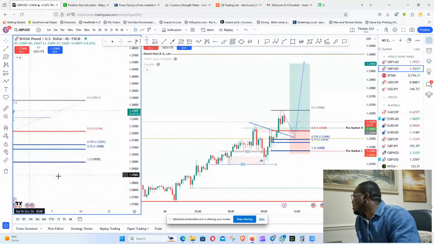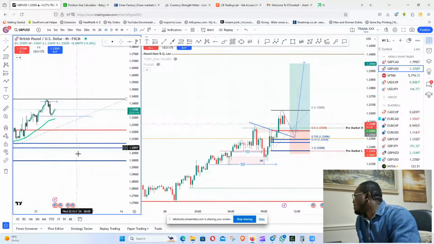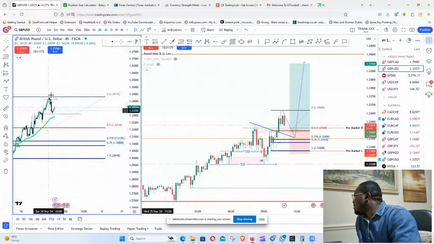So when we look at it this way, it means that we need to see price again reject at this level and drop, break this low, this area, and continue to the downside. For if it doesn't break this area, then this is the area we're supposed to be looking for opportunity to buy.